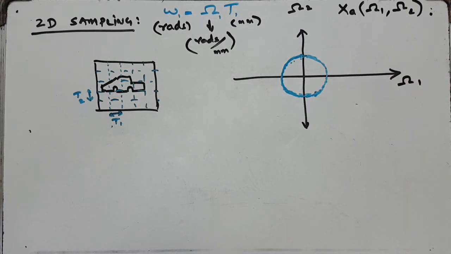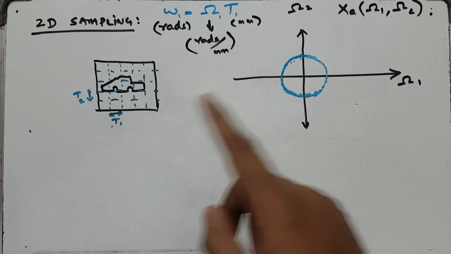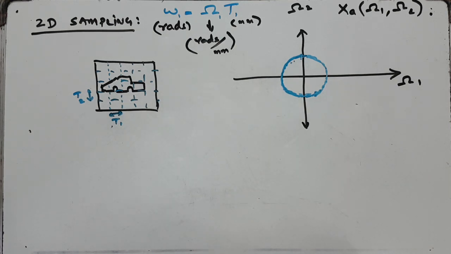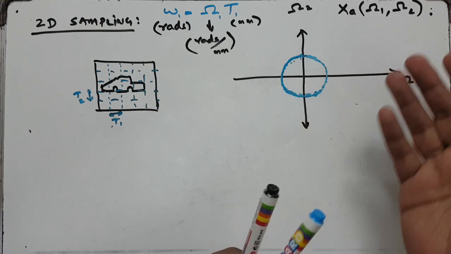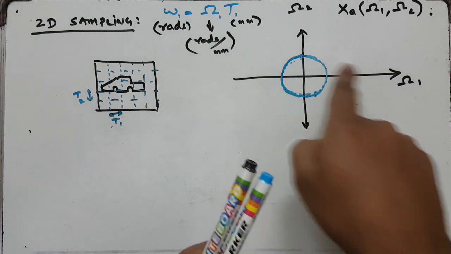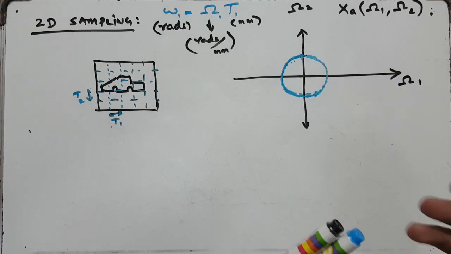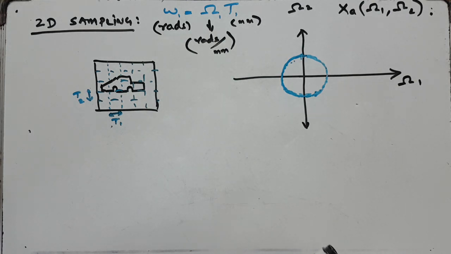But if I draw the Fourier transform of the sampled image, then I know that I'm going to get not just this, but copies of it repeated after every 2 pi. Here, if the axis is omega 1, then the copies are actually repeated after every 2 pi over T1.